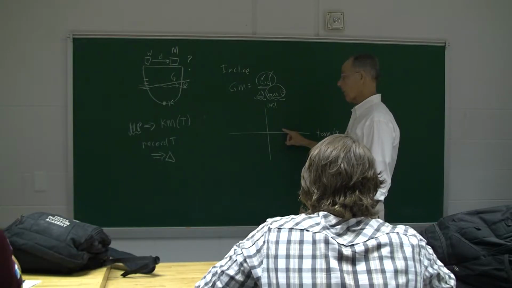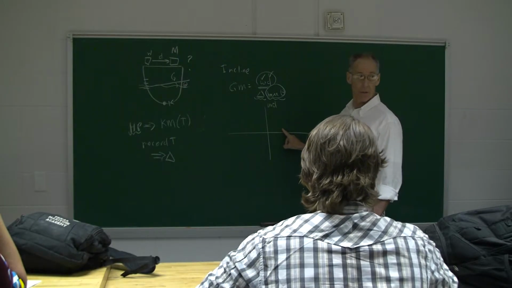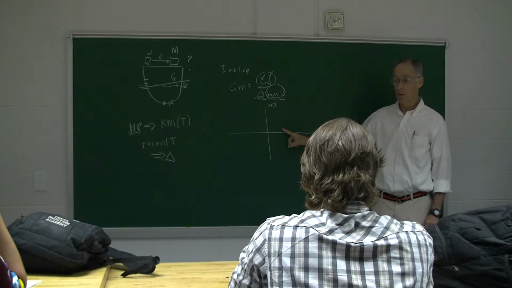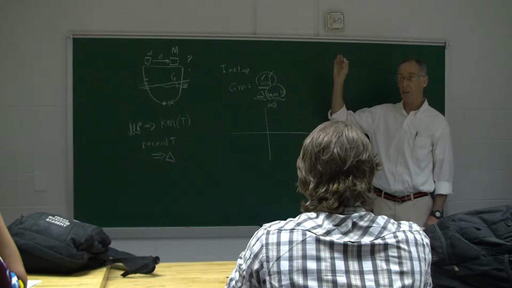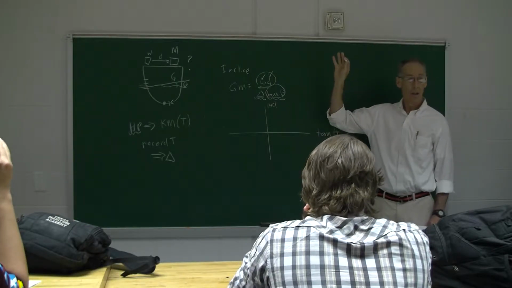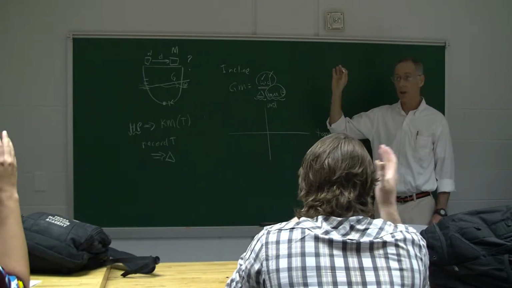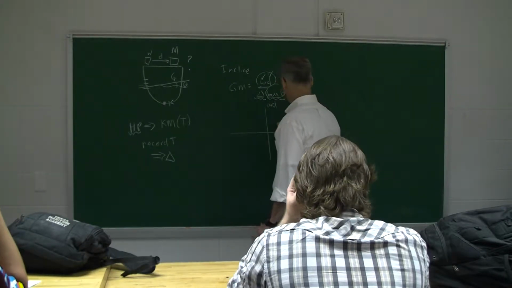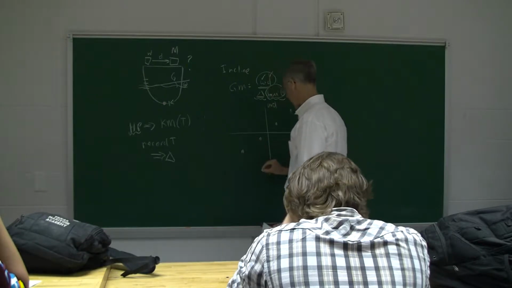So for a large angle, do you think it's going to take a large distance to make a large angle? Show of hands that it's going to take a large distance to cause a large angle of list. A larger angle caused by a larger shift in the weight, okay?